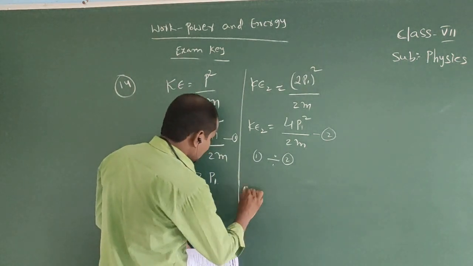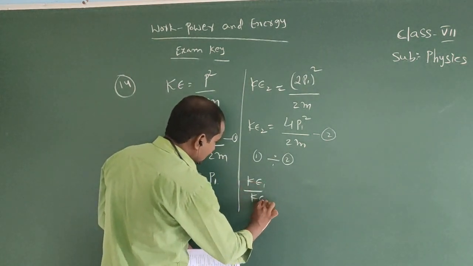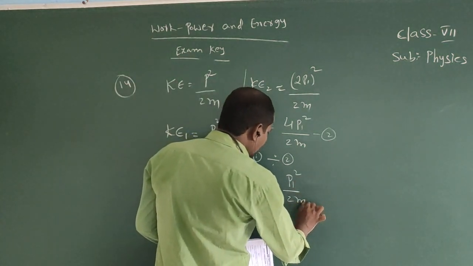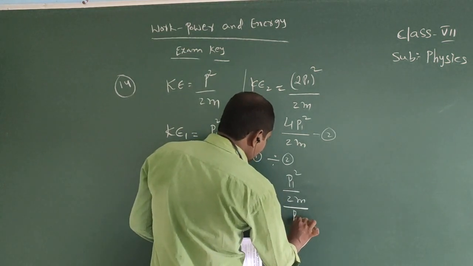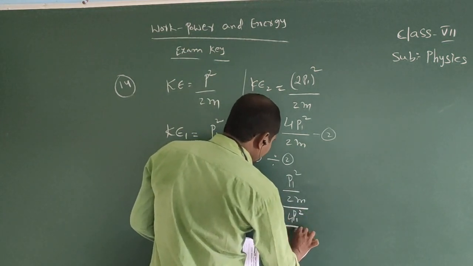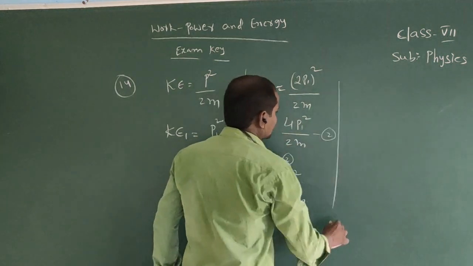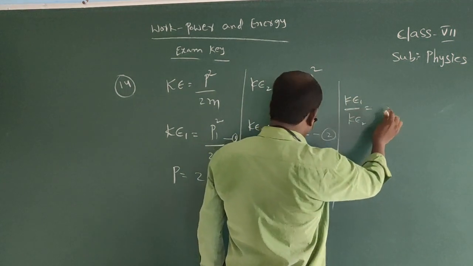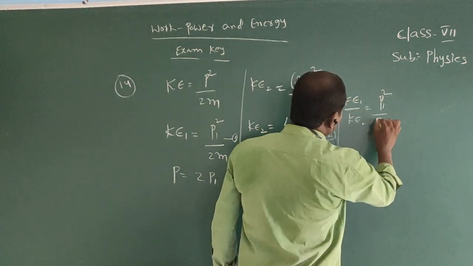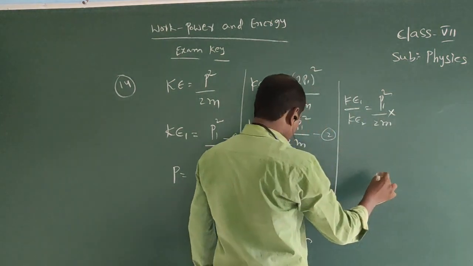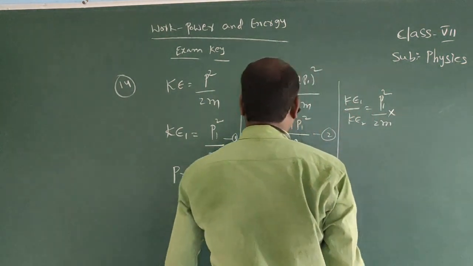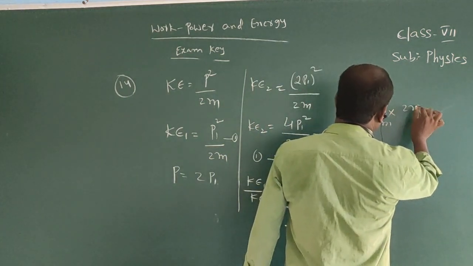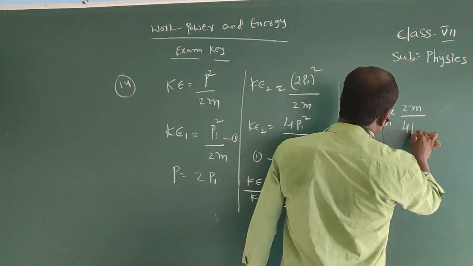Ke1 by Ke2 is equal to P1 square by 2m by 4P1 square by 2m, that is equal to P1 square by 2m into 2m by 4P1 square.